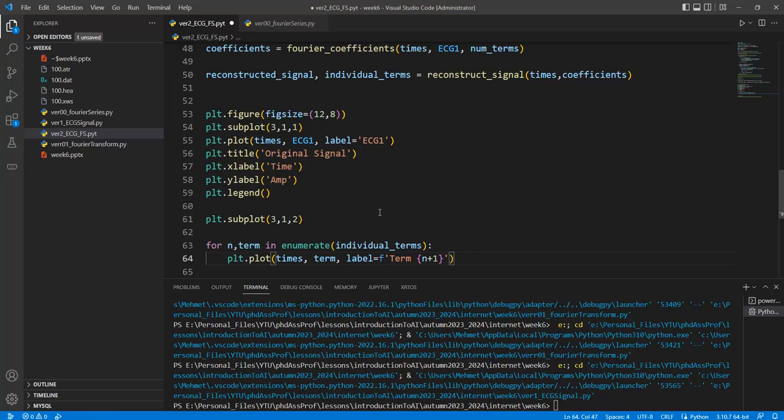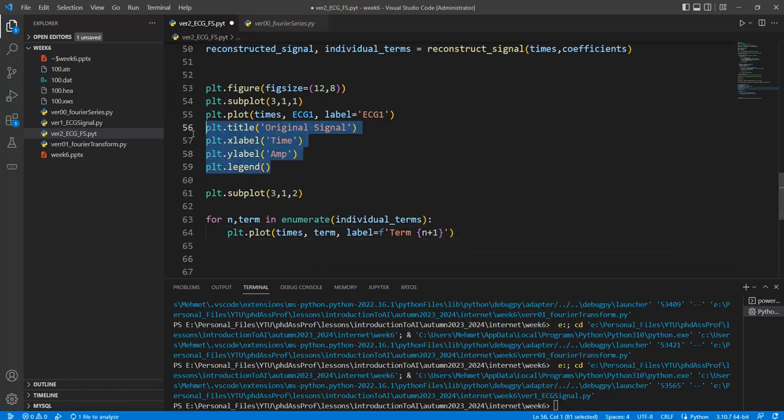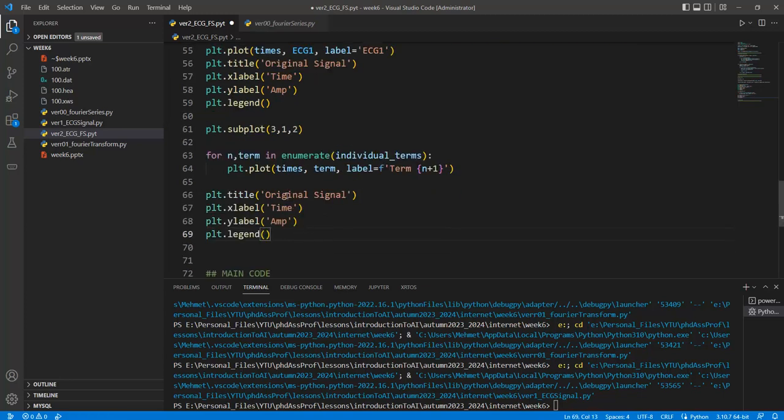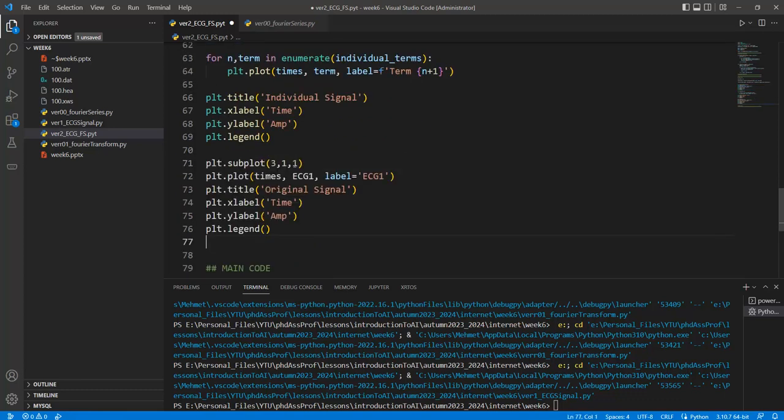Okay, and the other things are the same, individual signals here, legend, and after that we should give the reconstructed signal, right?